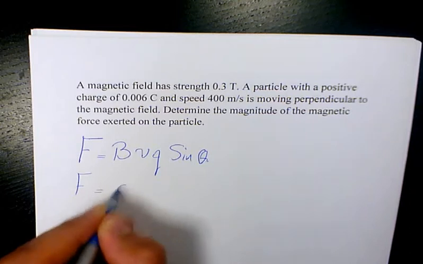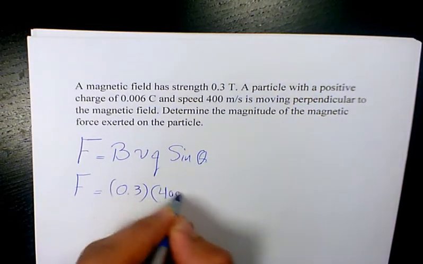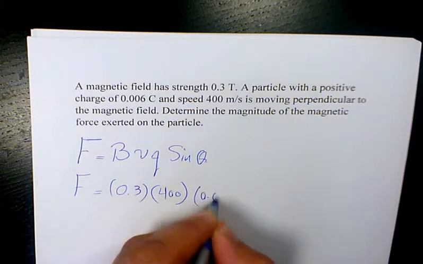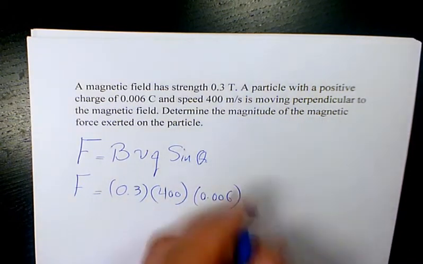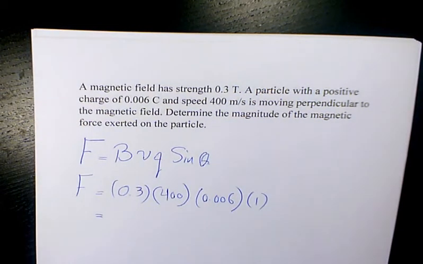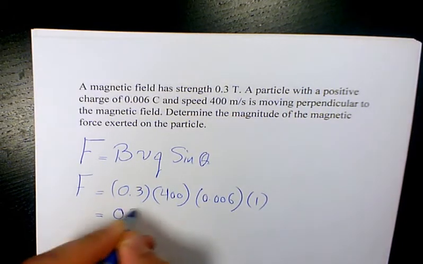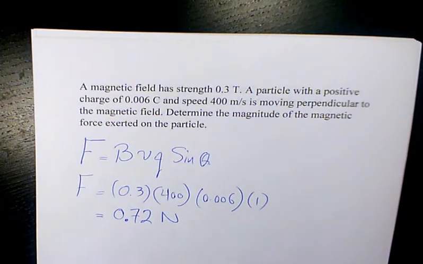B is given, which is 0.3. V is given, which is 400. Q is 0.006. Sine 90, because that's perpendicular, is going to be 1. So it's going to be 0.3 times 400 times 0.006. That's going to be 0.72 Newton. That's the magnetic force.